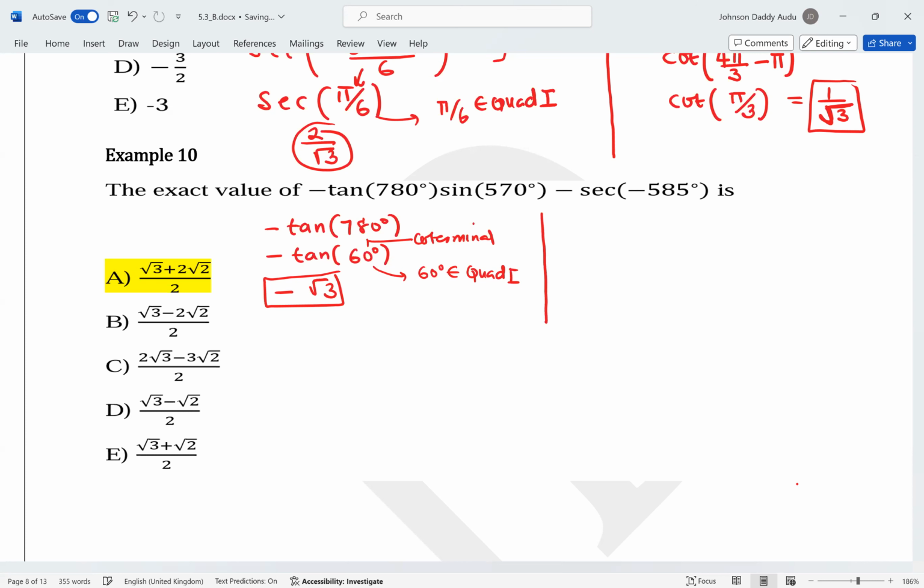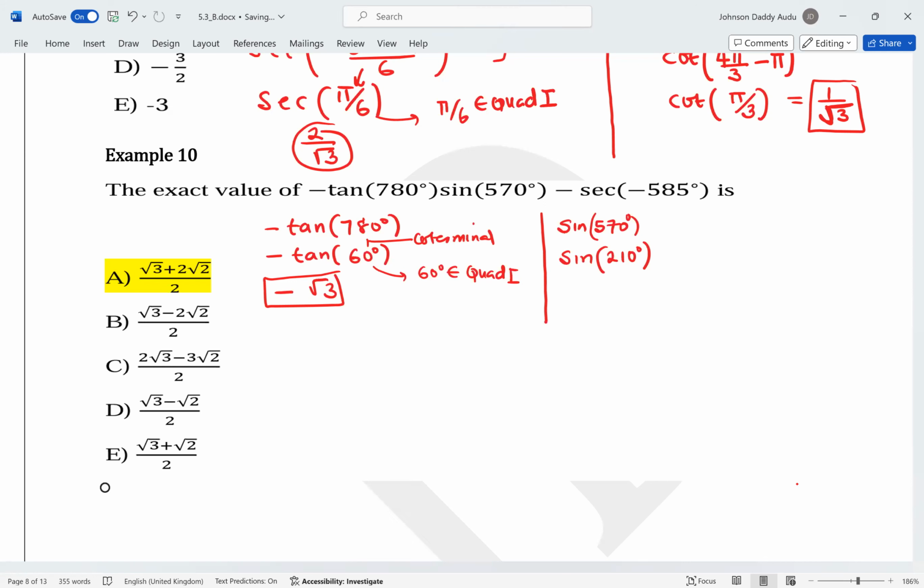Now, for the second term, which is sine 570, this also we can look for a coterminal. And here it's just going to be sine of 570. We can remove 360, and I think we will be fine. If you remove 360, you should get something that is less than 360.